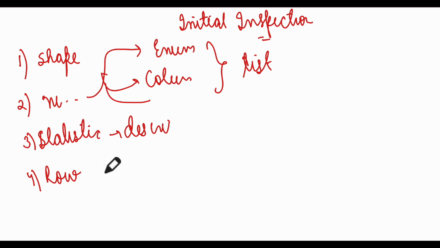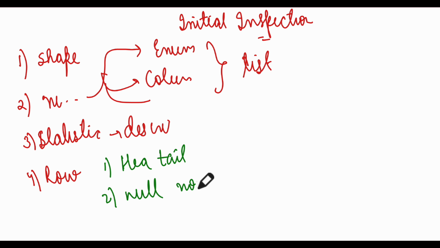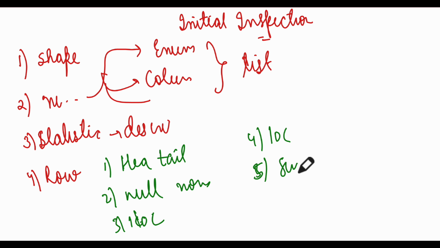Getting head, tail, then getting null values, non-null. Then iloc we saw, loc as well, how to use loc. Then we saw how to filter based on some value. So these are the overall objectives.